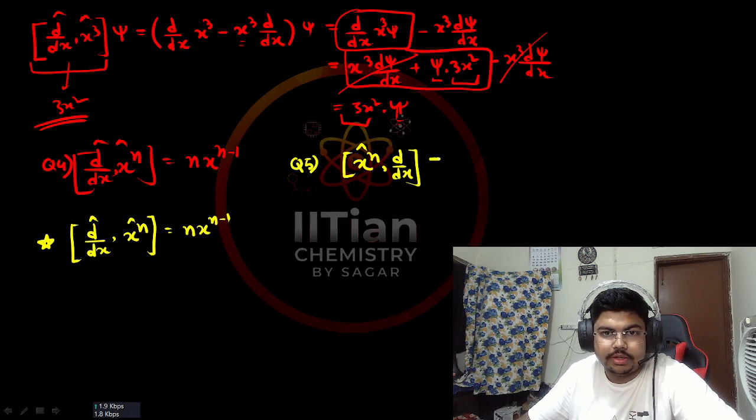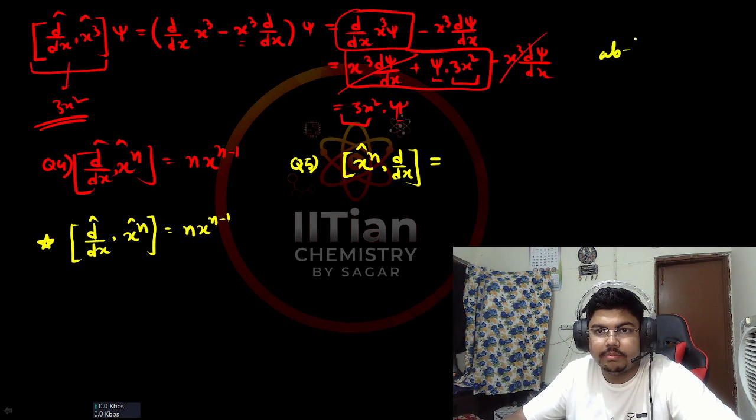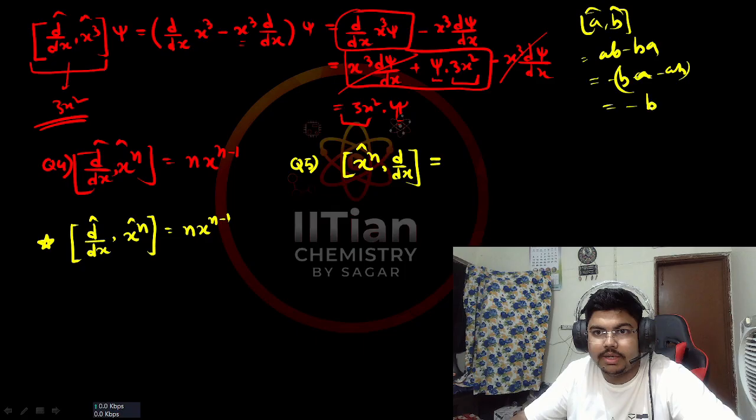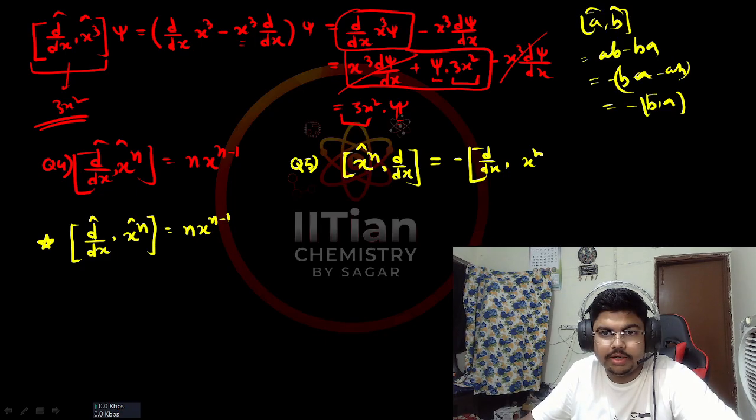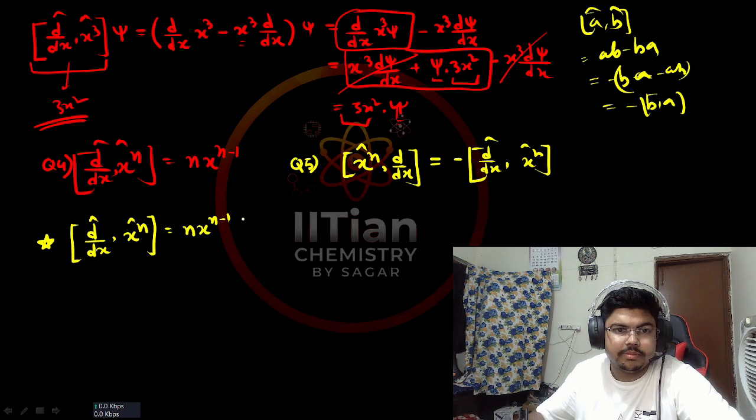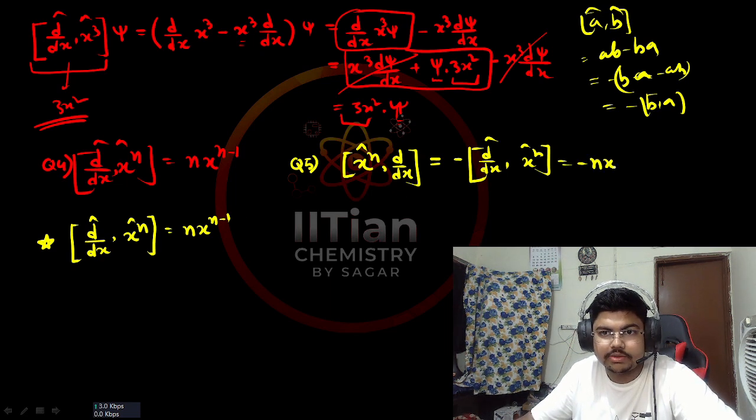There is a property of a commutator that we have seen: A comma B, meaning AB minus BA, equals minus of (BA minus AB), that means minus of B comma A, right? So we can write it as minus d/dx comma x to the power n, isn't it? So d/dx of x to the power n means n x to the power n minus 1. So minus n x to the power n minus 1.